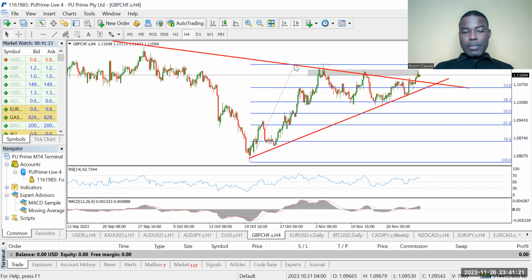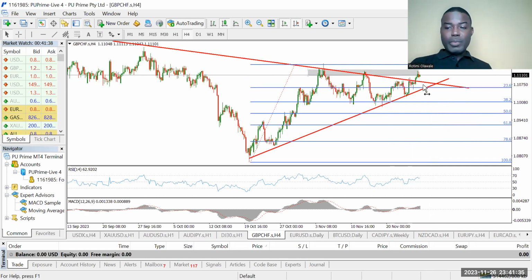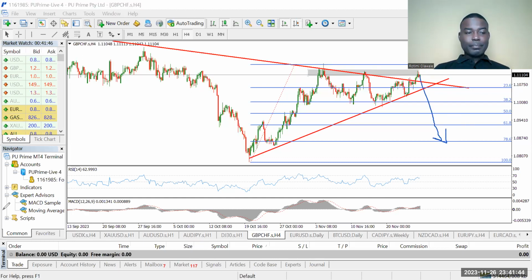In that instance, I'll be looking at entry around Fibonacci 23.6 here, take profit on Fibonacci 38.2, Fibonacci 50, and down to 61.8. Now, this is going to be a swing trade, so it will require some patience, but then I am bearish biased on GBPCHF.